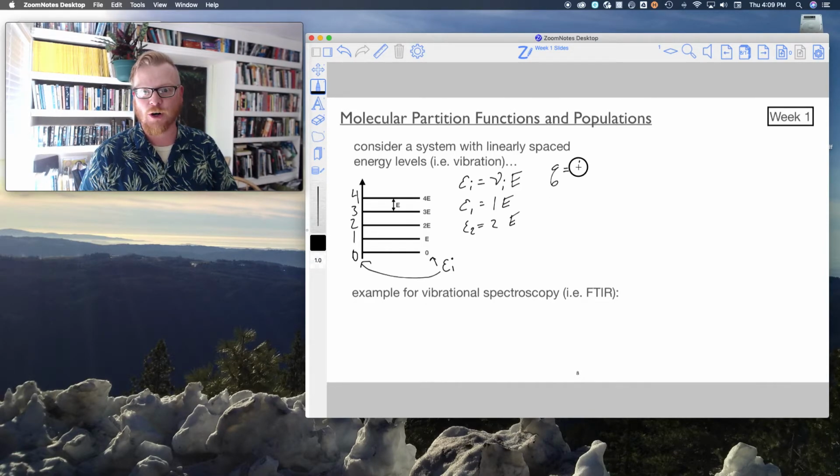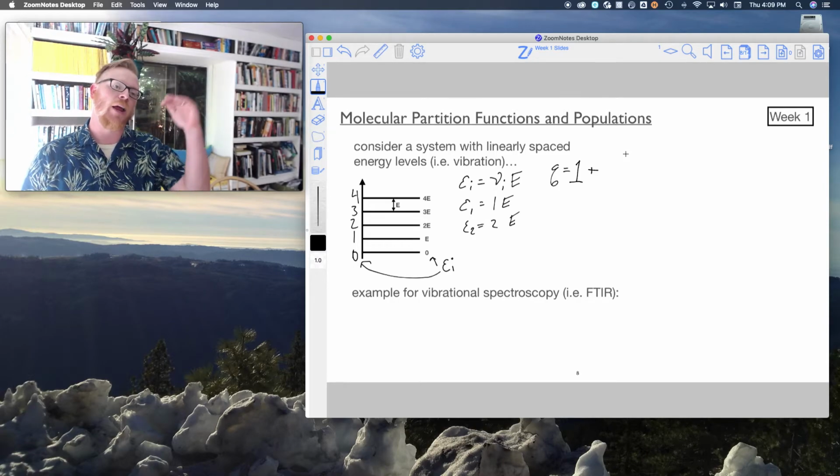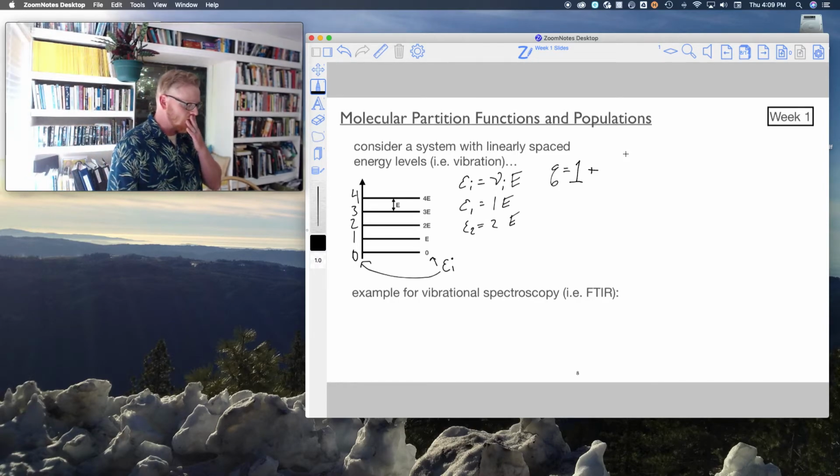So the very first term in my partition function is 1.